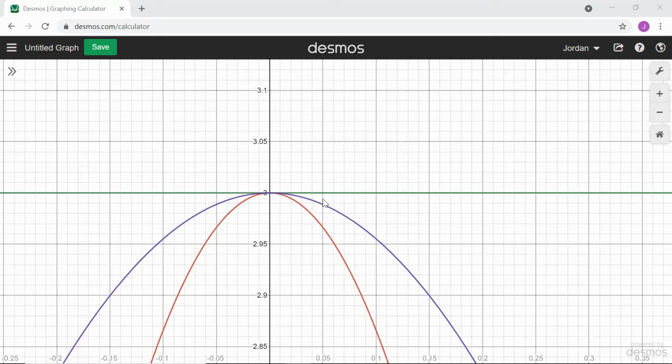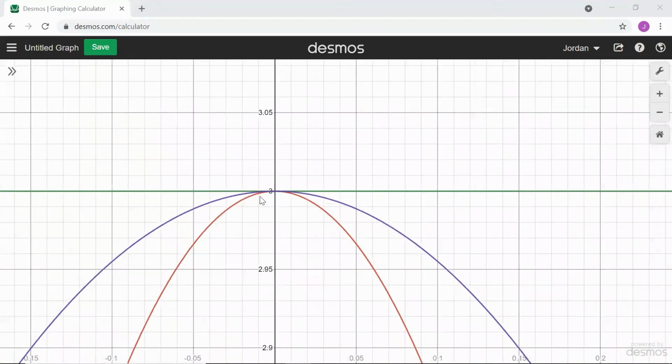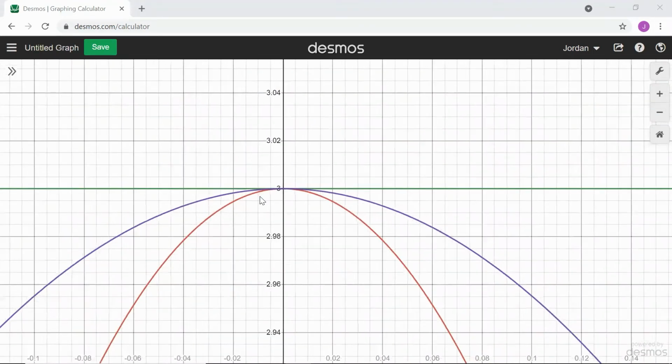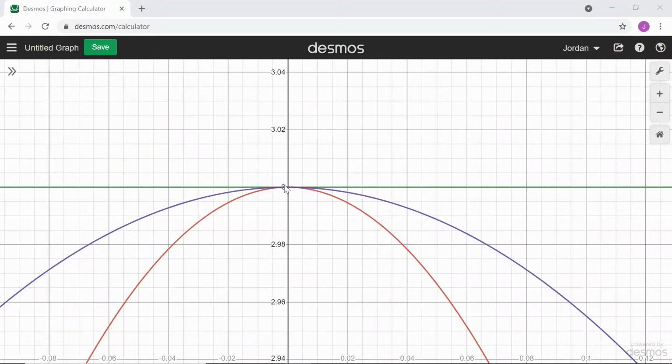So the green is on top, the purple is in the middle, and the red is on bottom. And if we force the purple graph to stay in between, it gets, quote, squeezed in to the same place where the red and the green are going. So that's what's happening with the squeeze theorem.